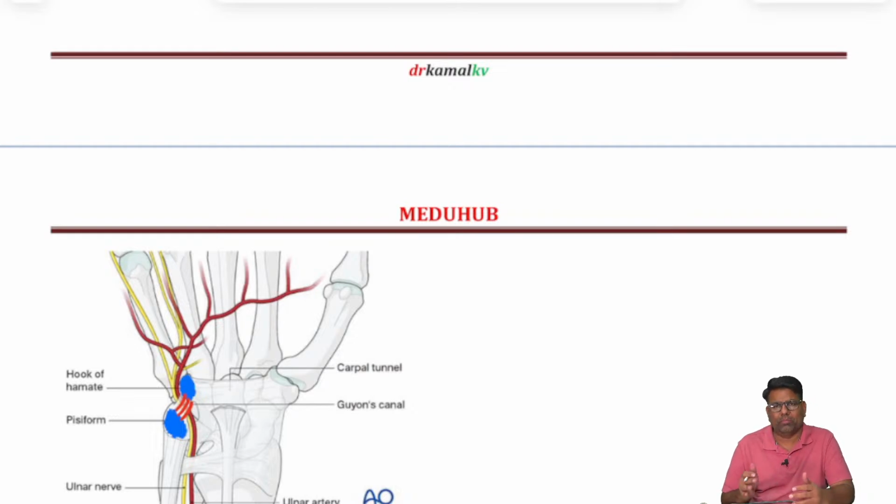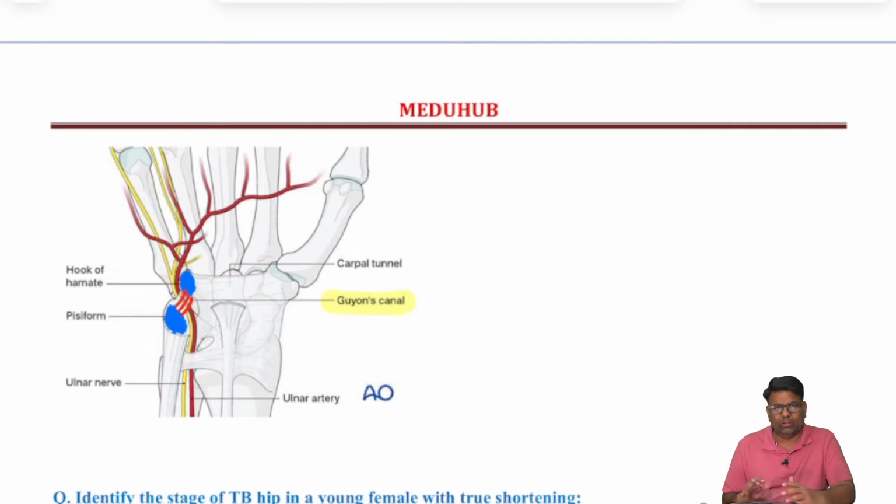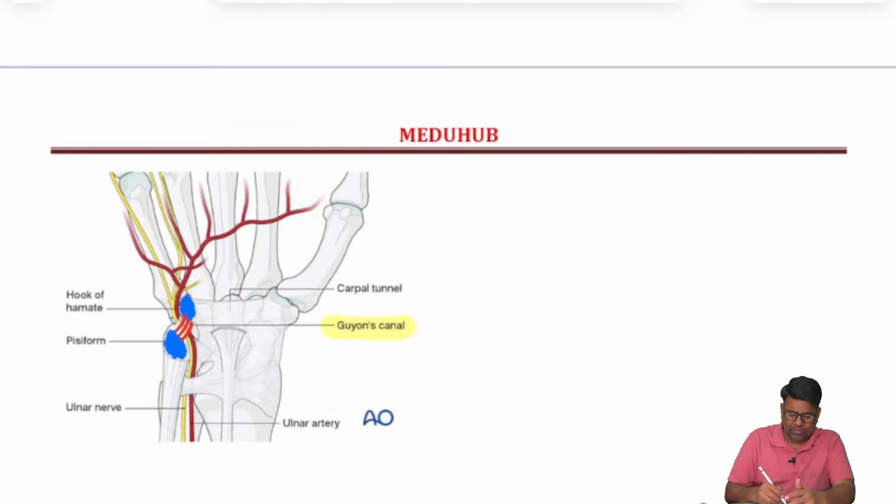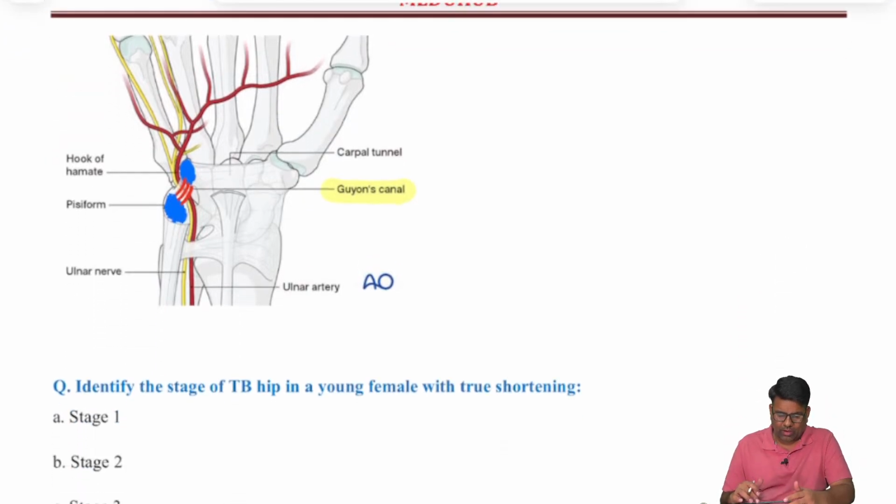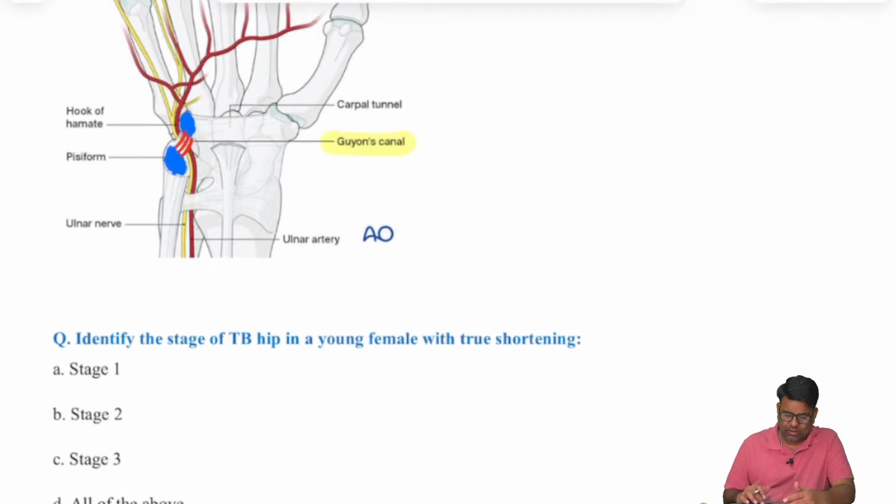Sometimes there might be compression neuropathy of the ulnar nerve in Guyon's canal, and this can lead to ulnar nerve neuropathy. Patient will have all the specific features like medial 1.5 volar side sensory loss, hypothenar atrophy, and wasting over the areas in between the metacarpals.